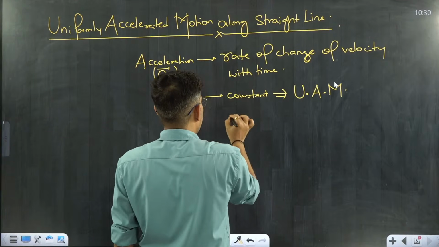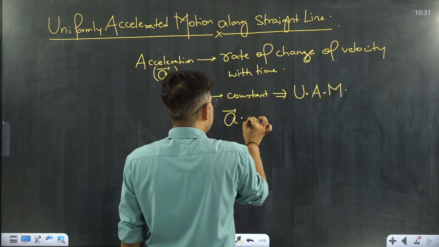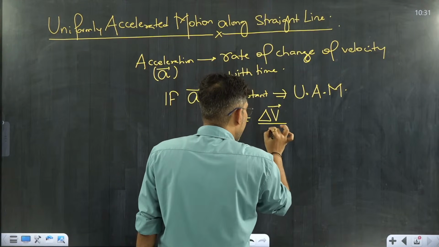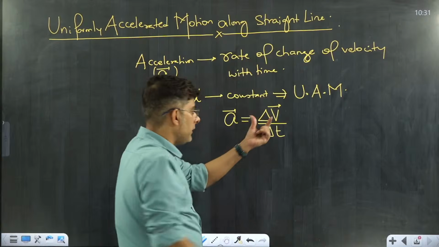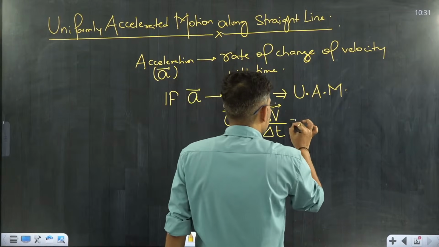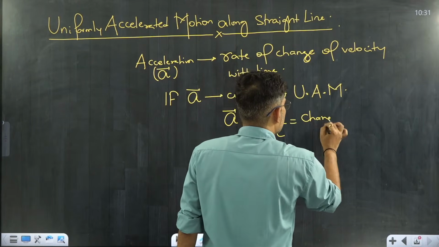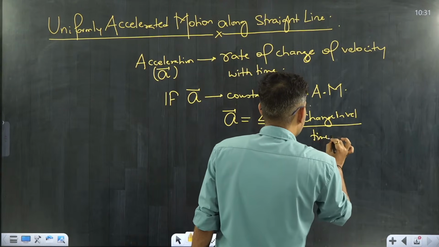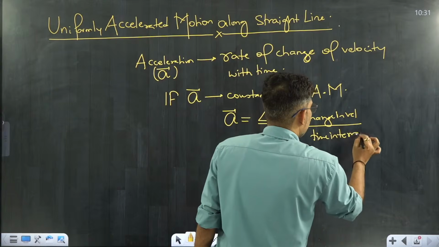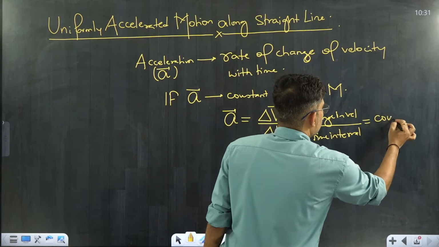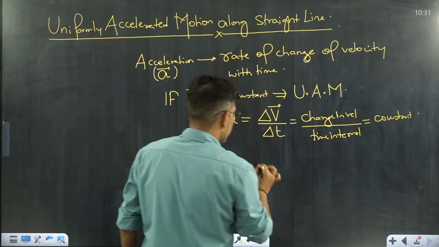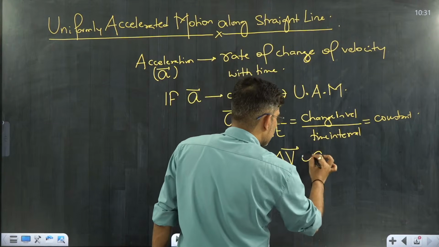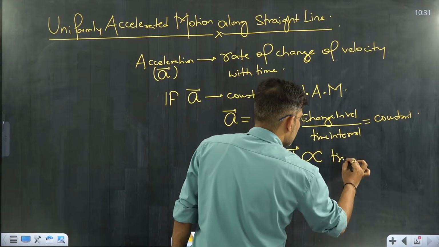So we will say acceleration will be change in velocity by time interval. And in uniformly accelerated motion, we say this is constant. So simply we say change in velocity is directly proportional to time interval.